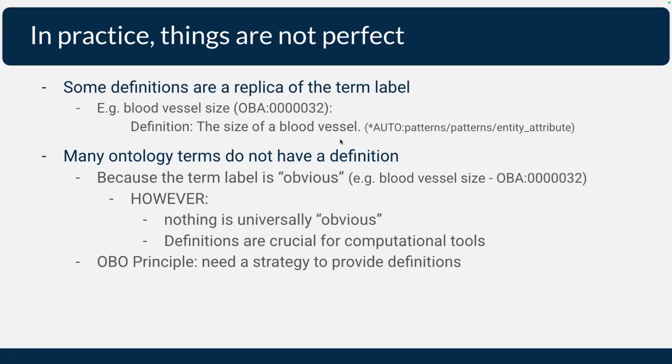Not great, but also this is what the logical definition means. And if we know what size means, that's fine. It is what it is. If we want to change the label to say, blood vessel size is defined as the size of blood vessel, it would be fine.